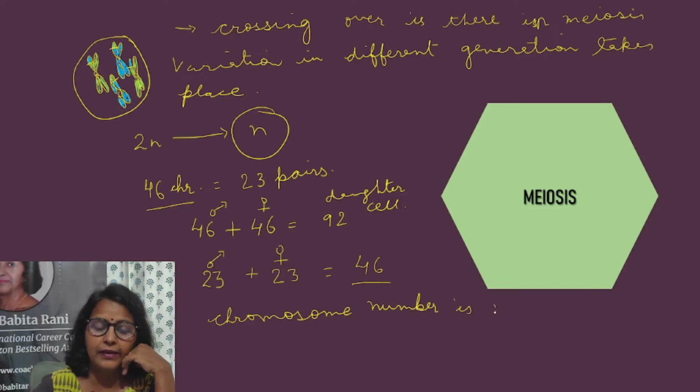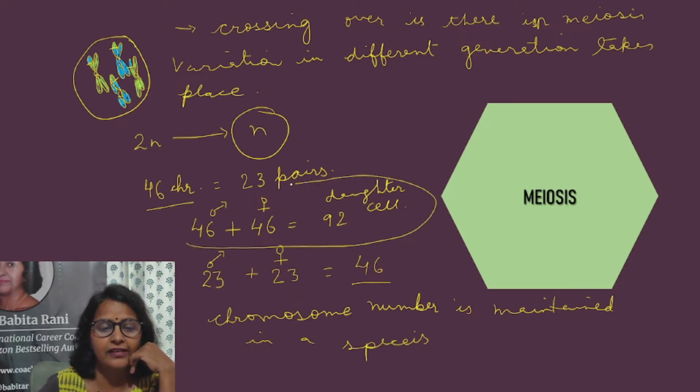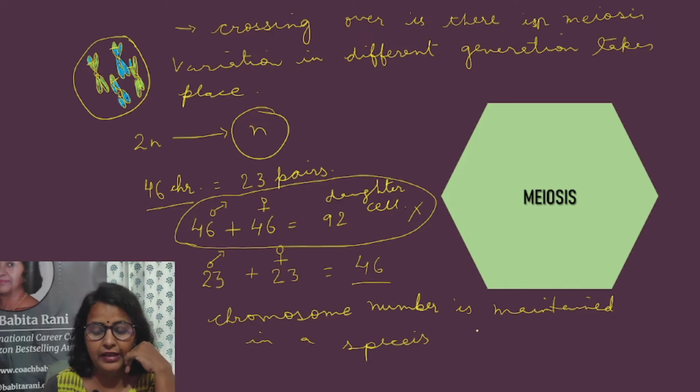The number is maintained in a species. So that is why meiosis takes place. Meiosis is an important process to maintain the chromosome number in a species.